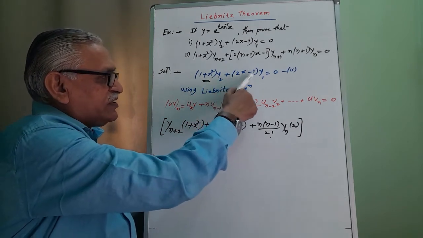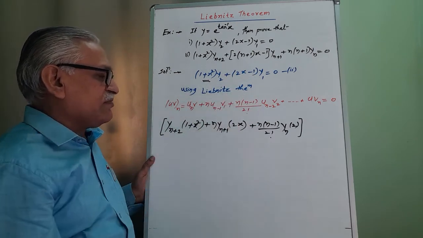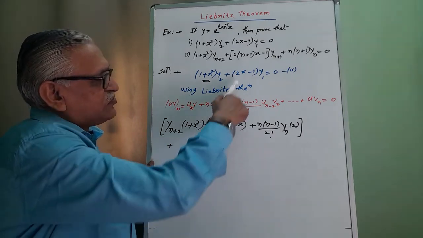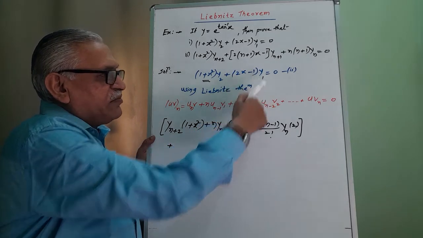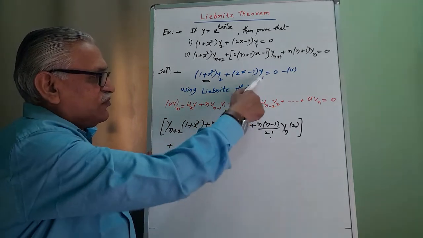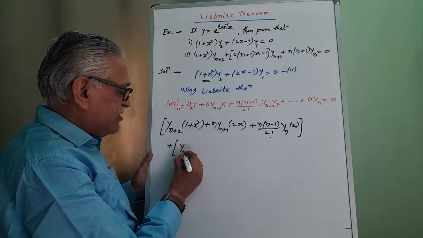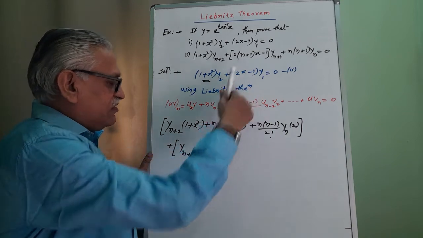Similarly, we differentiate this second term using Leibniz theorem n times. We get the first term as, here also we consider 2x minus 1 as v and the remaining term y1 as u. Therefore, nth derivative of y1 we get as yn plus 1 into v.